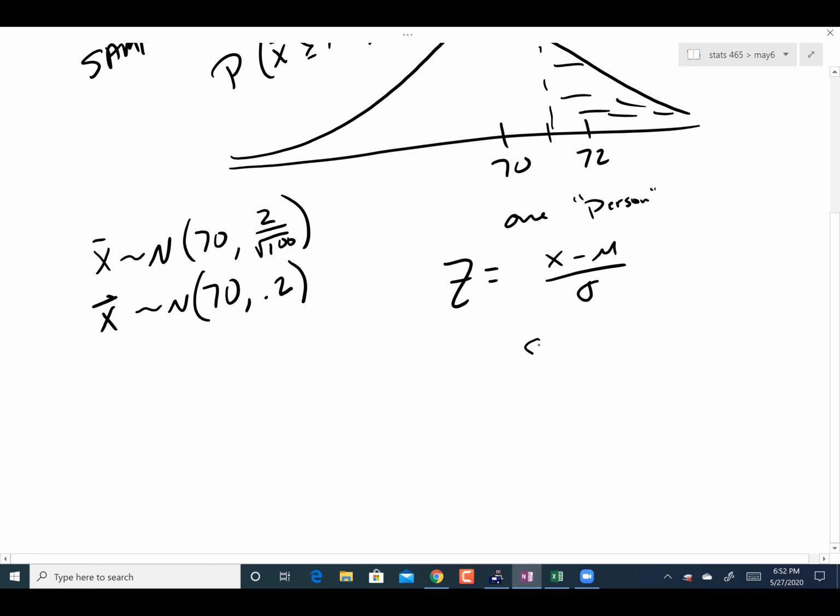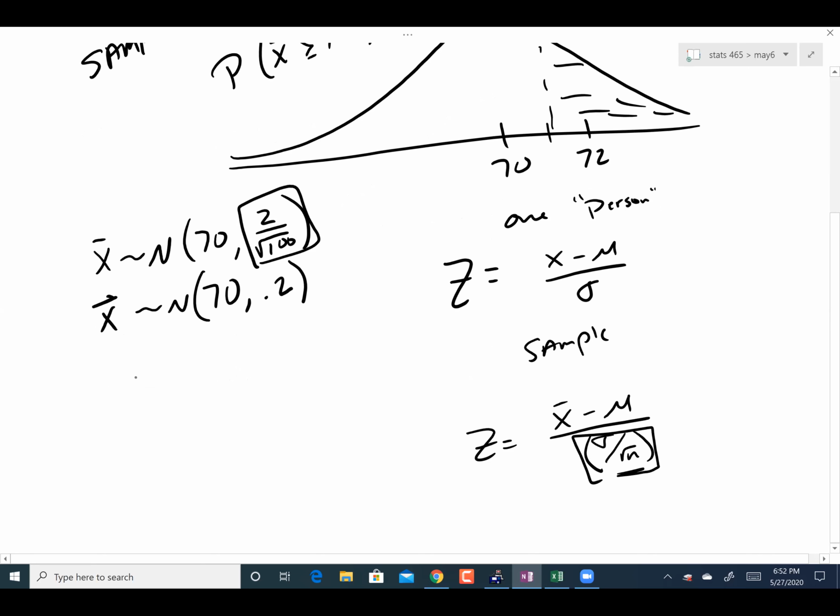But for a sample, it becomes x bar minus mu over sigma over the square root of n, because this, down here on the bottom, is my new standard deviation. So if I do this, I get 71 minus 70 over 0.2, and that's 5. Okay. 5 standard deviations. That's right.